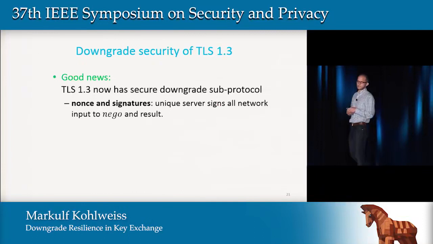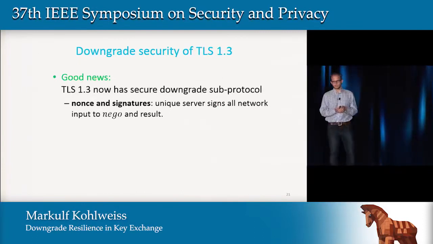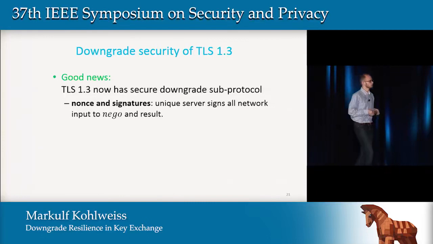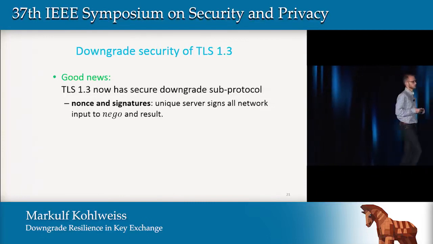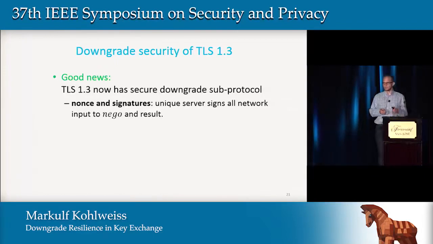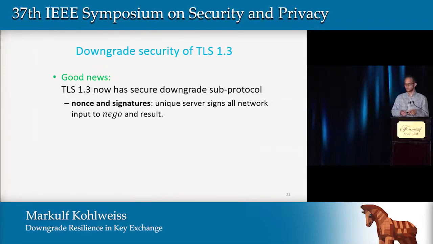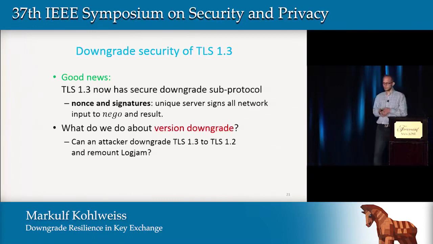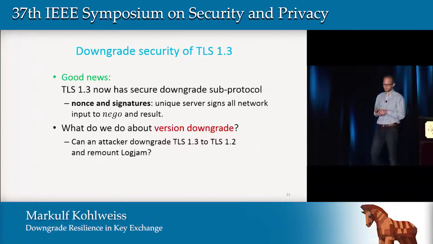So the good news is that for this patched downgrade protocol, we can prove security. And the proof relies on the uniqueness of nonces and the security of the signature scheme, as well as the server signing all the network input to the nego function and the result. But what about version downgrade?